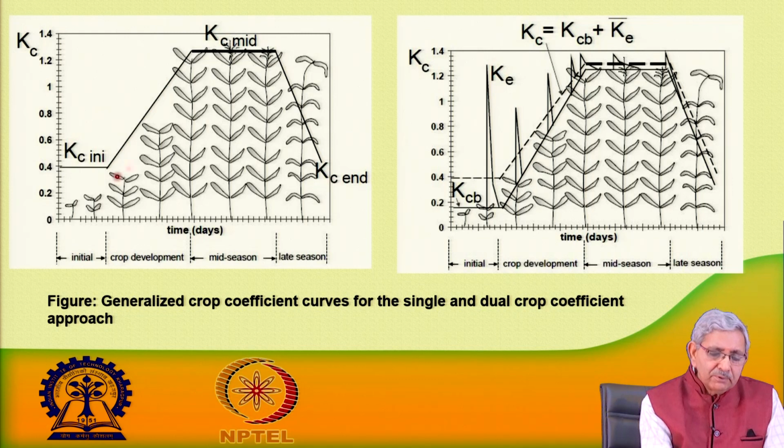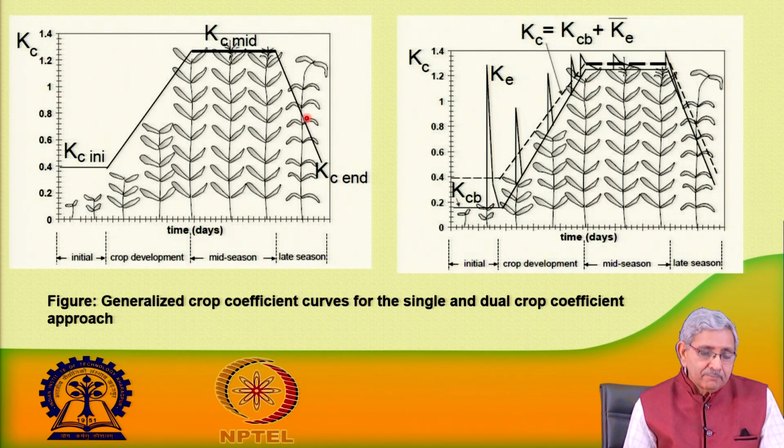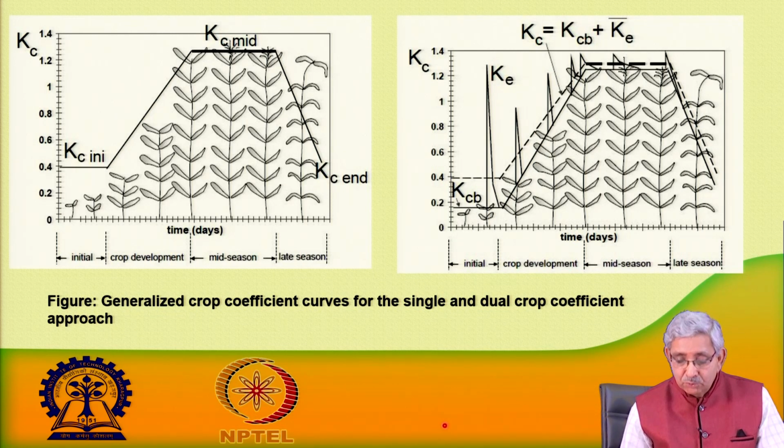A typical graph looks like this, for a general case, whereas in the dual crop coefficient, Ke and Kcb, these two components are shown.